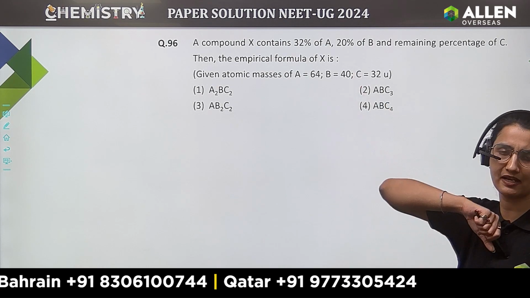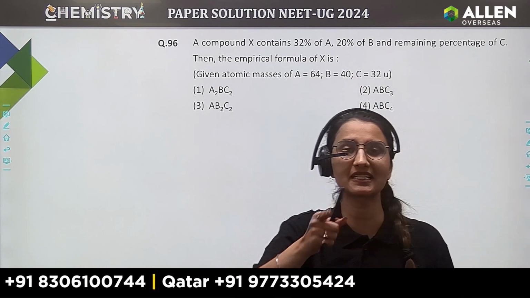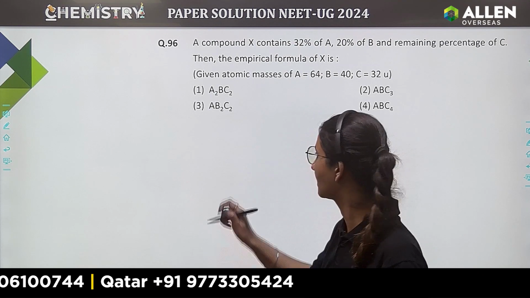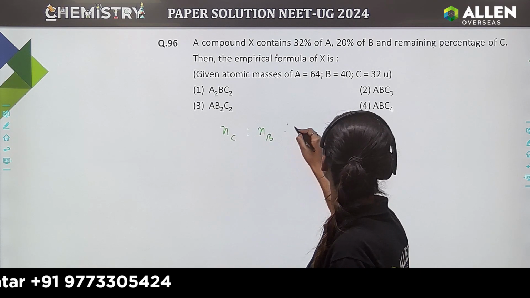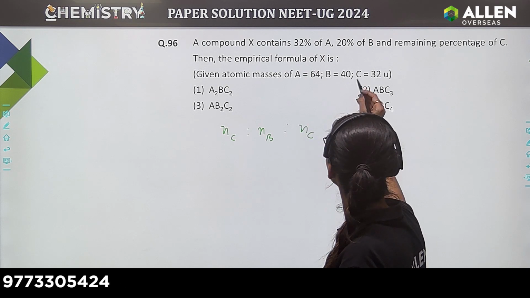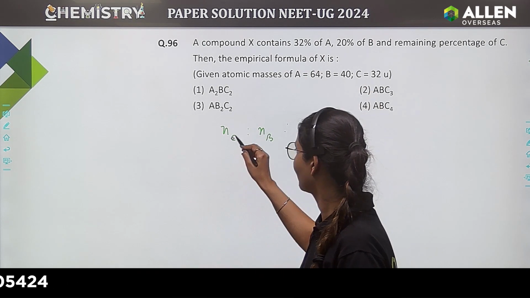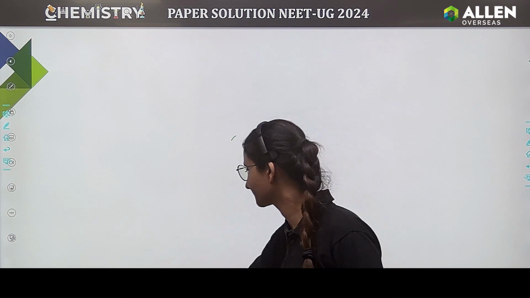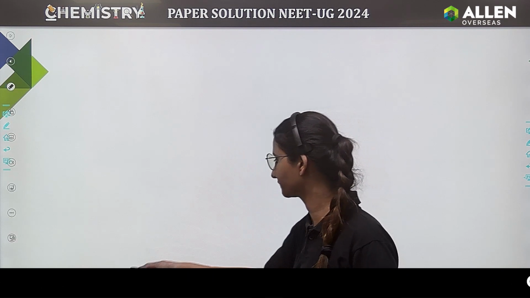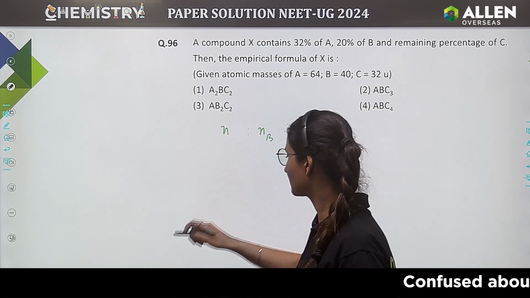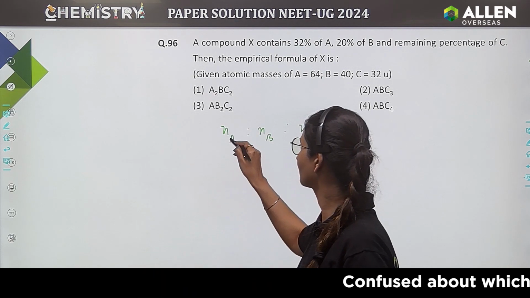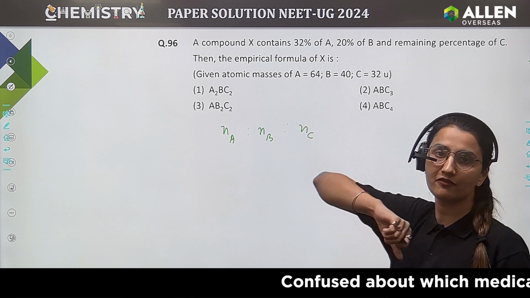We have to find the empirical formula. What is the empirical formula? It is the simplest ratio of moles. So see students, moles of C, ratio moles of B, ratio moles of A. One side I'll put A. Let's do it. So how do I find moles?